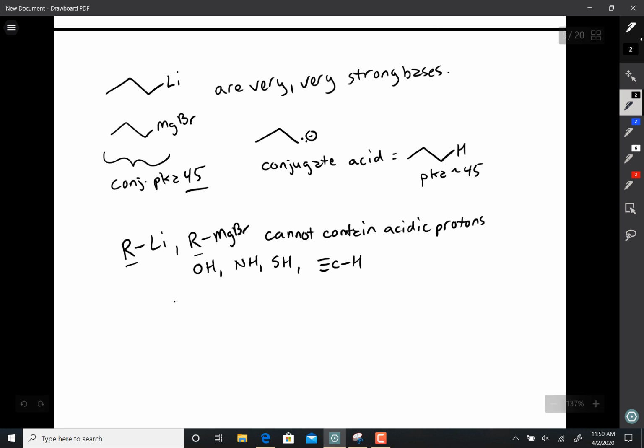These also react with epoxides and carbon X pi bonds.